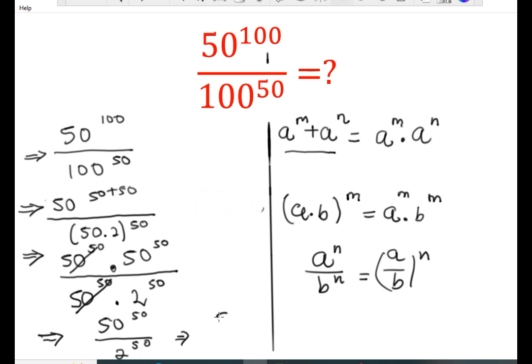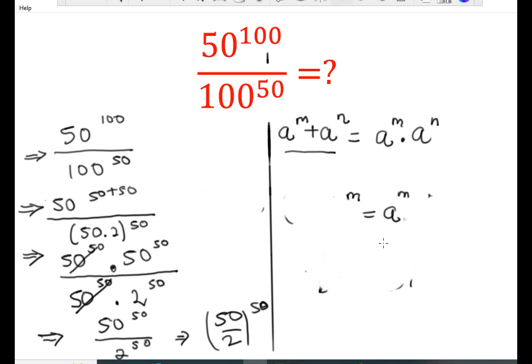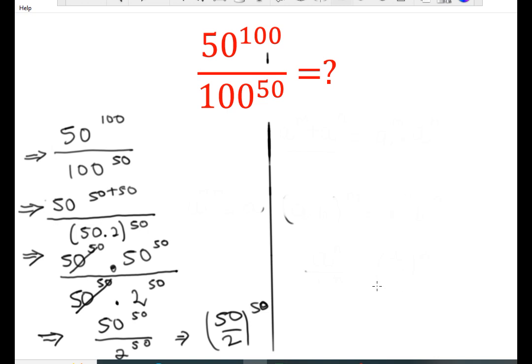So we write 50 over 2, all to the power 50. We have to know these laws, guys. Those are the basics that you have to know when you want to solve this type of problem.